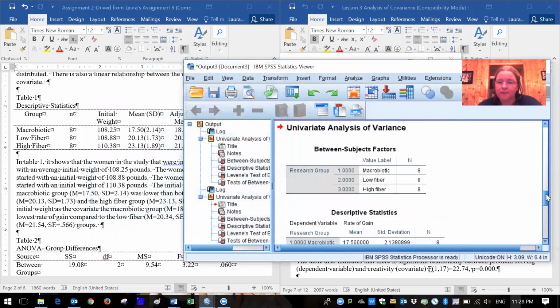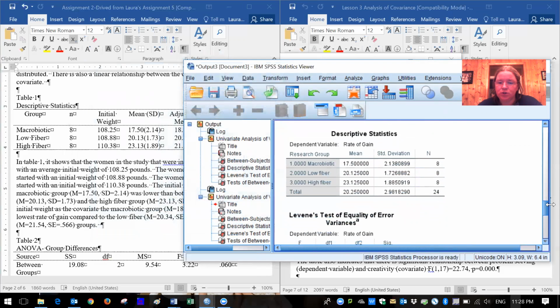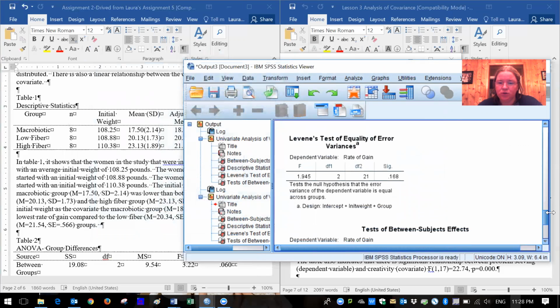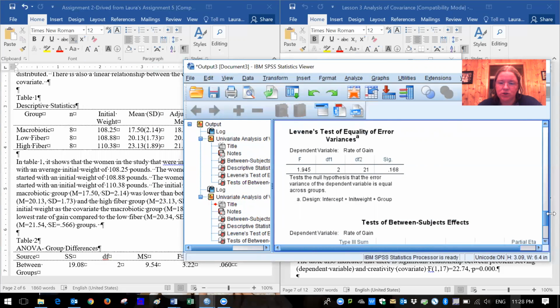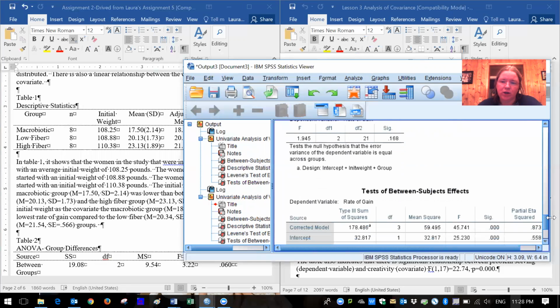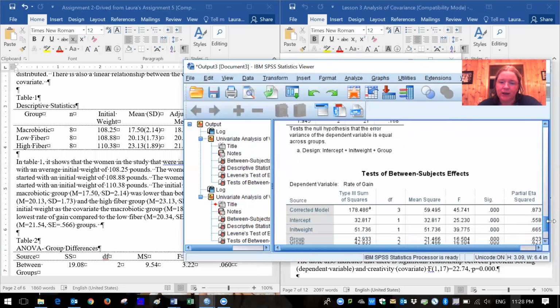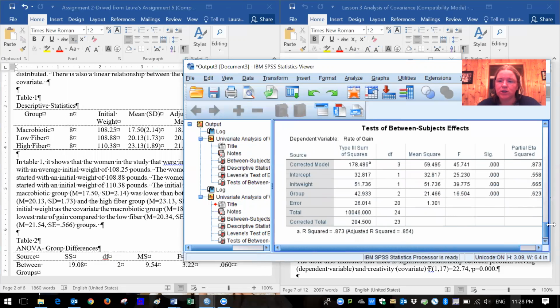We press OK. So now here's your descriptives. Here's your Levene's test for the actual analysis. And we've already talked about it, so I don't think you have to talk about it again. But now here's your test of between subjects. Now this particular table, we're just interested in the initial weight, the group, the error, and the corrected total.